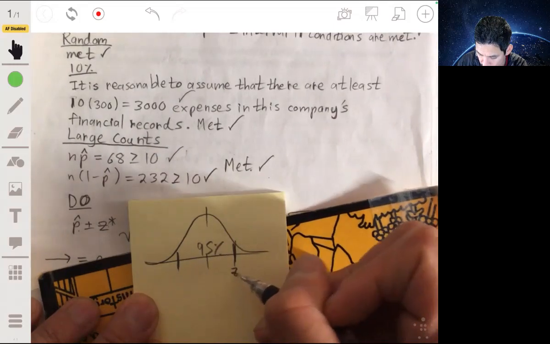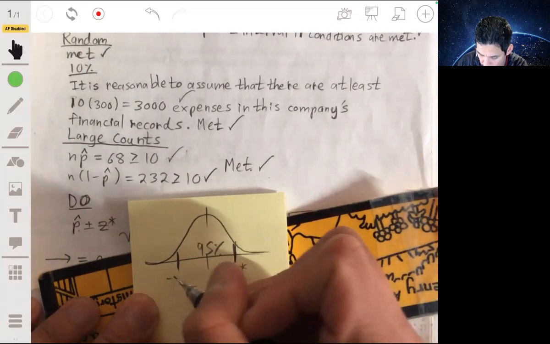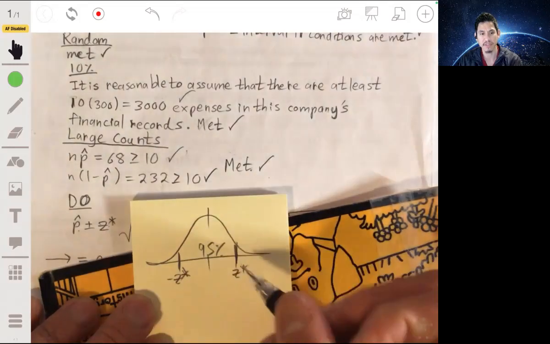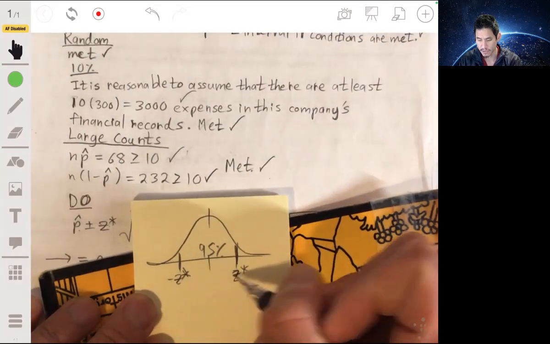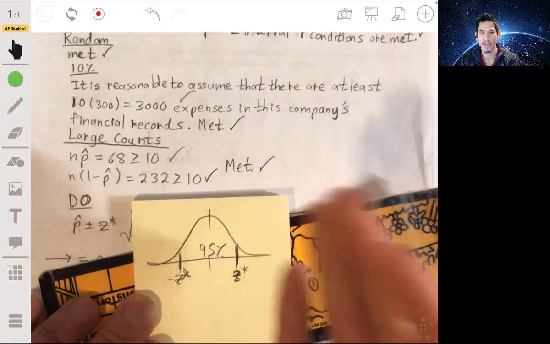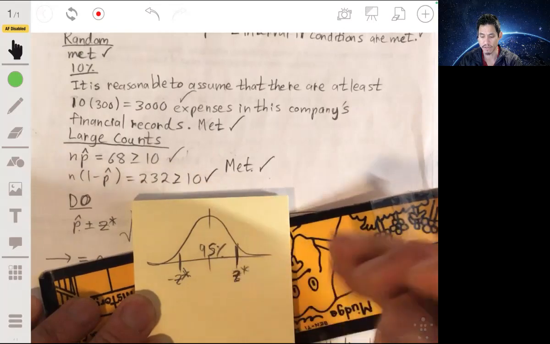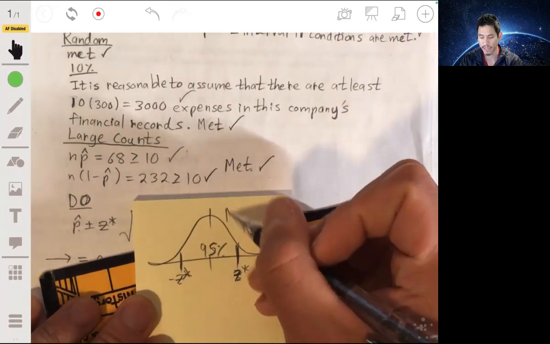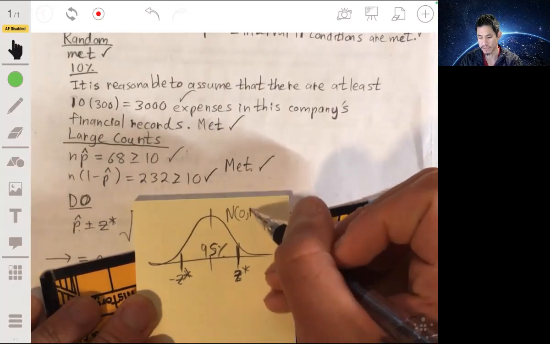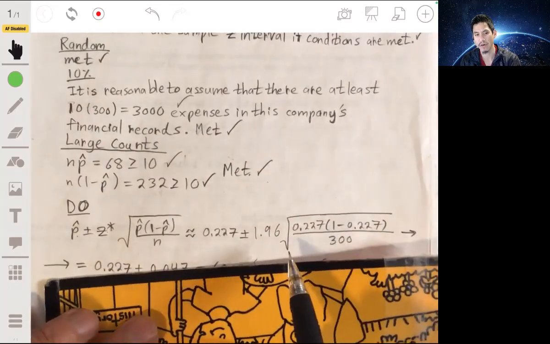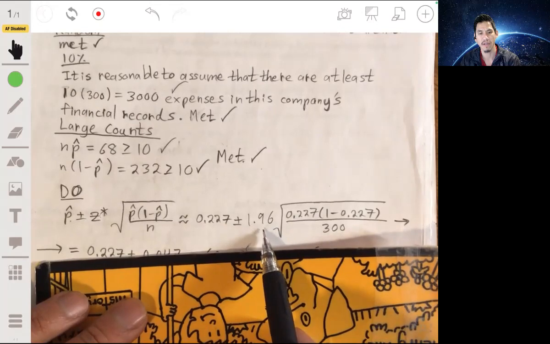So this is our positive z star, and this is our negative z star. So what would the z star values be that correspond to the right and left endpoints of the 95% area that's enclosed? Remember, again, normal distribution, mean of 0, standard deviation of 1. And it's used so much, as you should know, about 1.96.